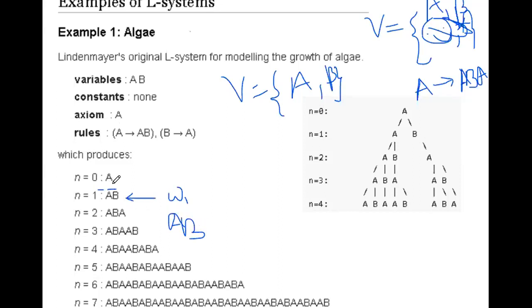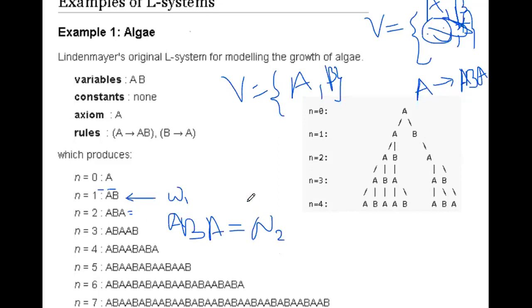Then what is the next symbol? B. There's a rule for B because it is a variable, so B is converted to A. So this is my second rewrite, which I will denote as W sub 2.